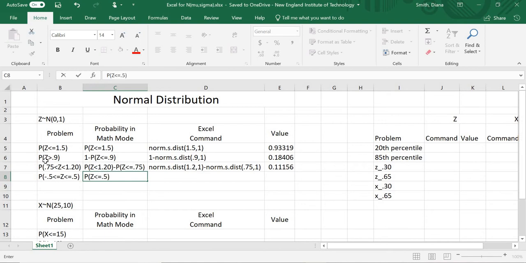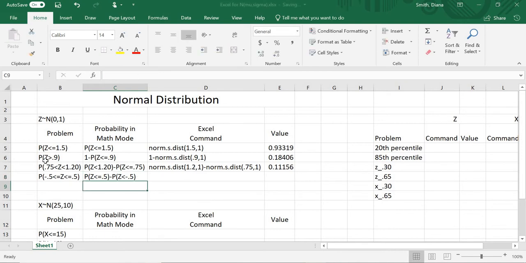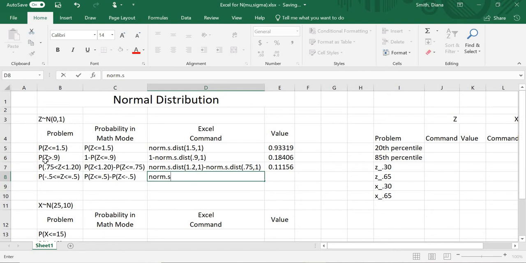Start with my bigger one, the probability that z is less than or equal to 0.5, minus the probability that z is less than negative 0.5. And then if I was going to type it into Excel, again, I'll do it without the equal sign so that we can see it. Here's my first probability, norm.s.dist of 0.5, 1, minus the second one.